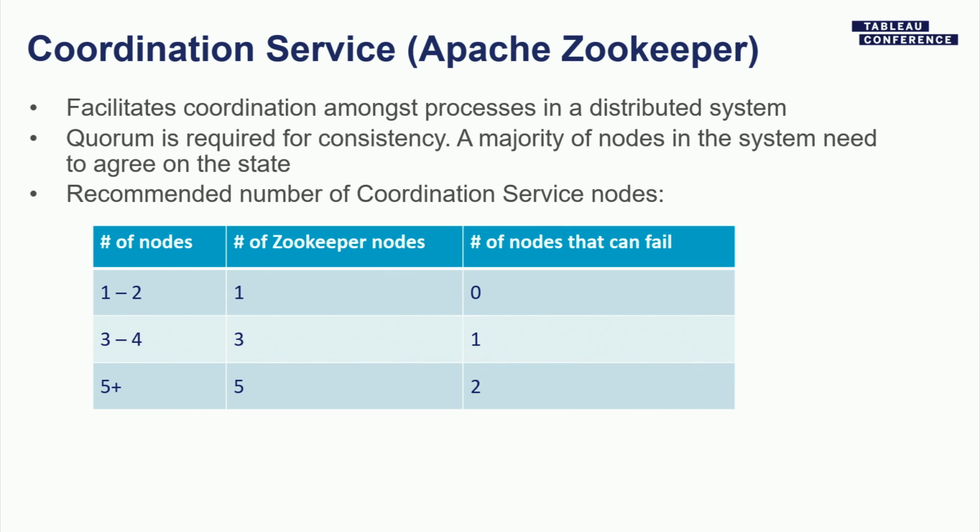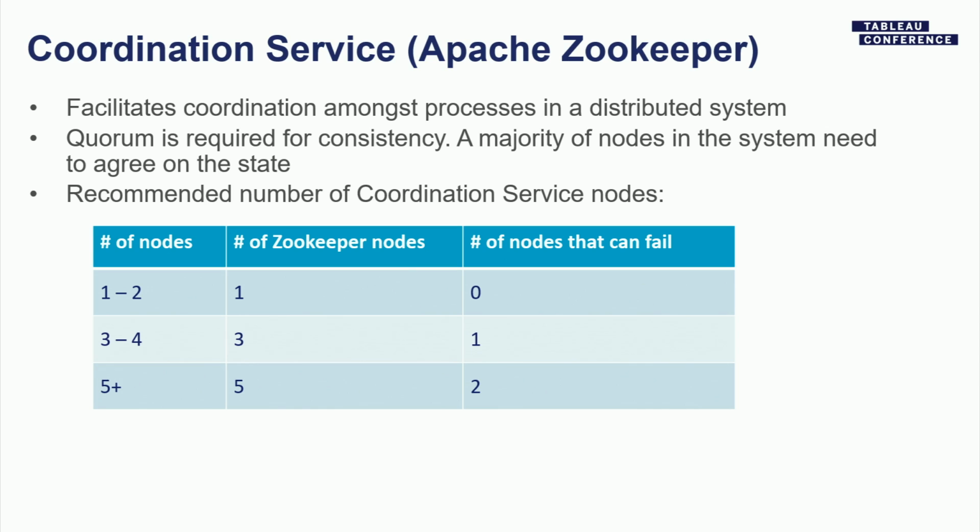One of the key concepts that's really critical to the functioning of coordination service is this notion of a quorum. And what a quorum is, is simply having a majority of the nodes agree on the state of the system. So if I only have 2 nodes and they don't agree on the state, I don't know who to trust. There's no one to tie break that situation. So that's why we require a 3rd node in the cluster to be considered highly available.